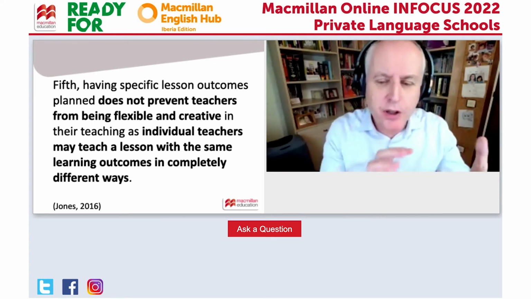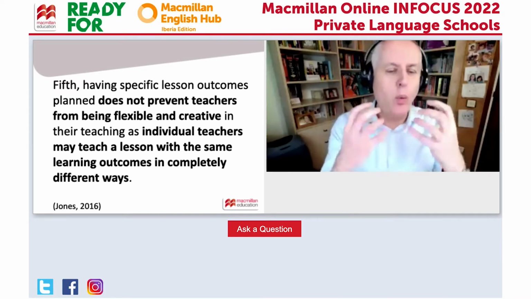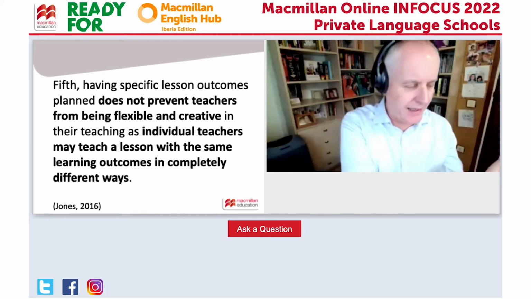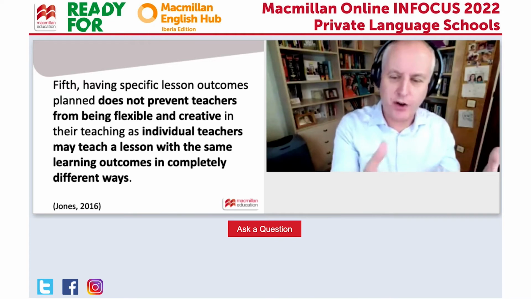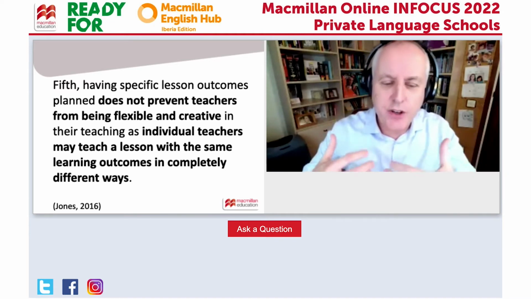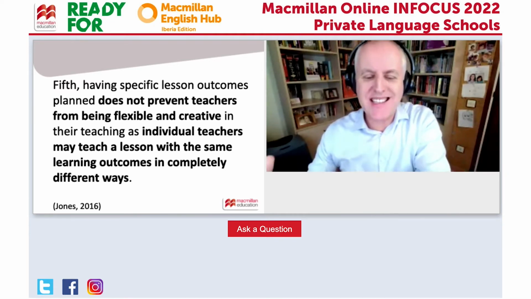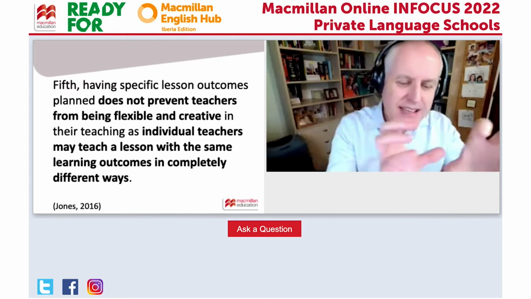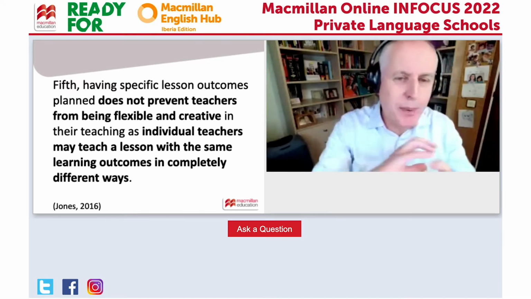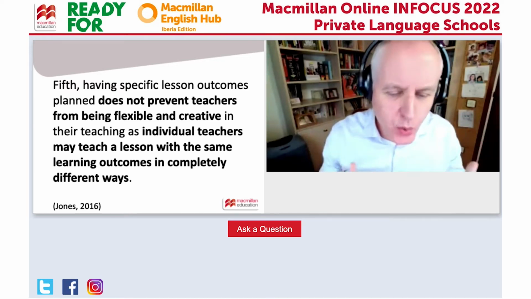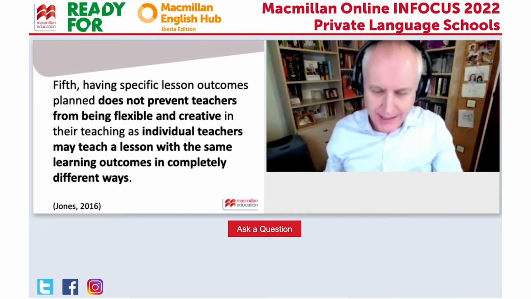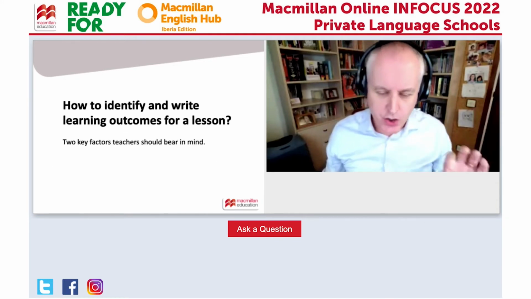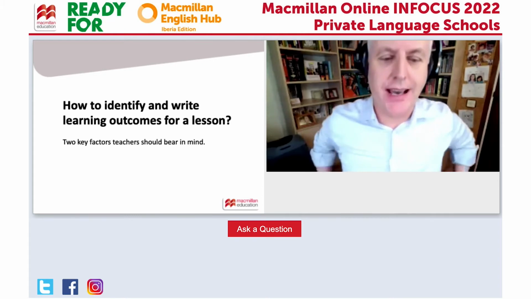But this couldn't be further from the truth. They don't prevent flexibility or creativity. An individual teacher may teach a lesson with exactly the same learning outcomes in completely different ways. So they do allow for flexibility and creativity. So those are the five main advantages.